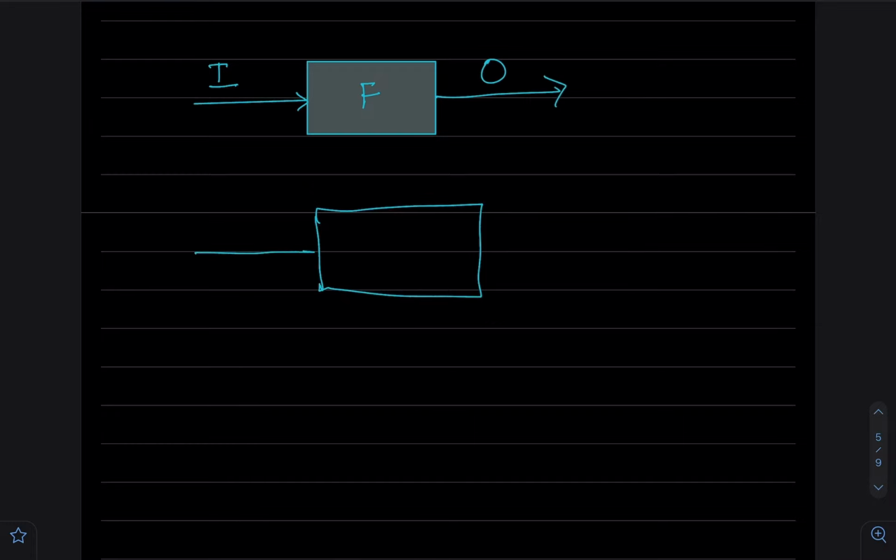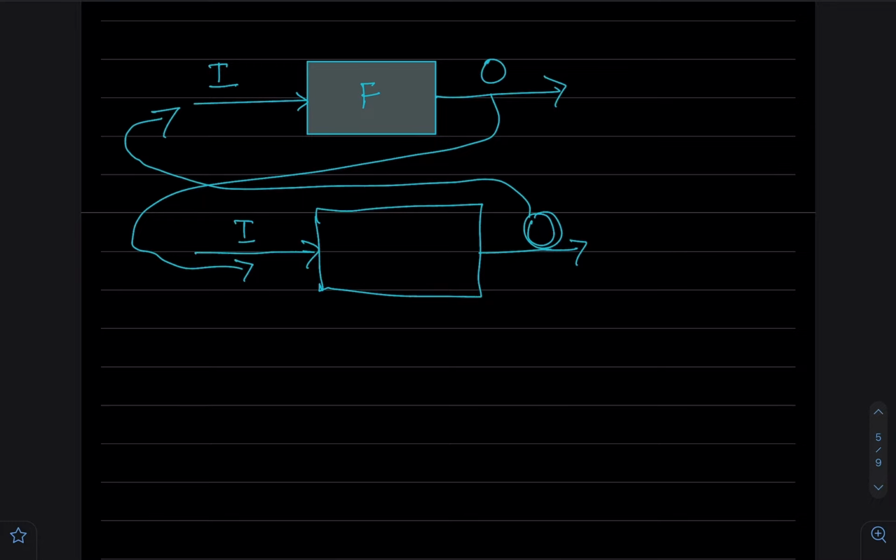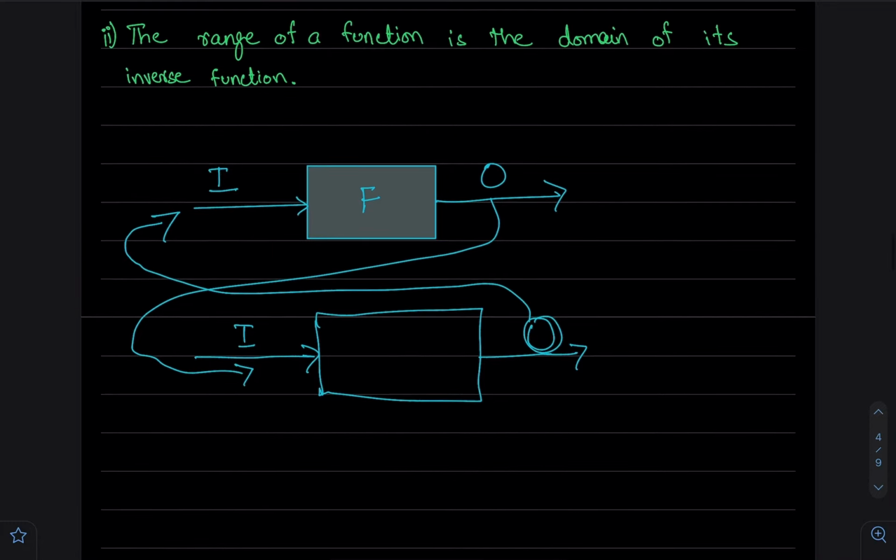Now what we're doing is we're taking these outputs and putting them inside this function. And so the outputs for this function are going to be the input for this function, and it is going to give us this output, which is going to be this value. And so you guys can understand from this that this is the inverse function.